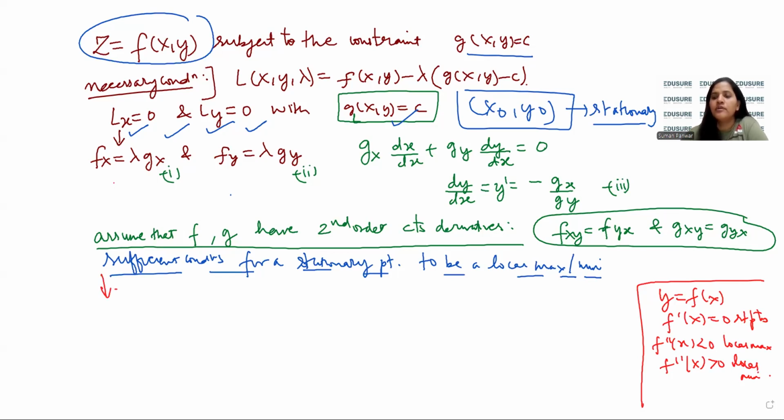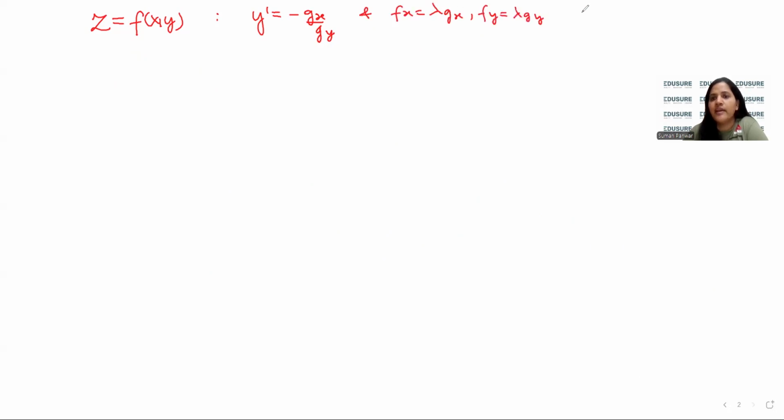Now, we have a function z equals f(x,y). And we know that y dash equals minus gx by gy, and fx equals lambda times gx, fy equals lambda times gy, fxy equals fyx, gxy equals gyx.